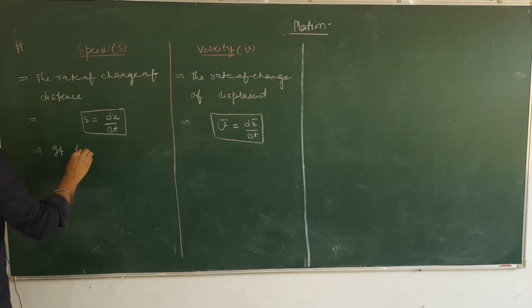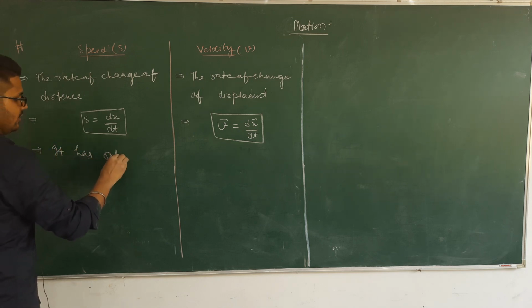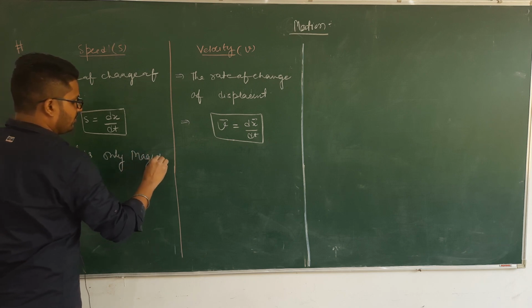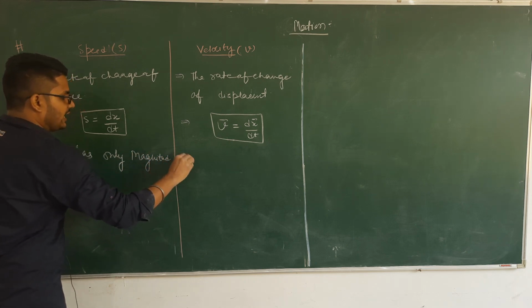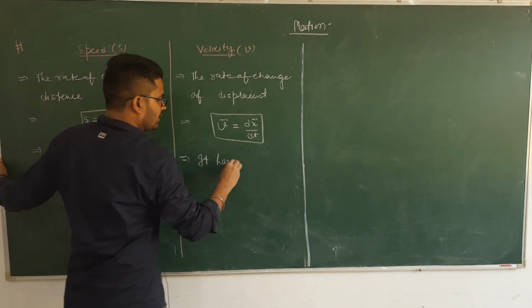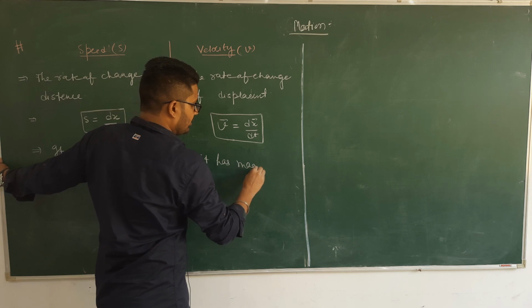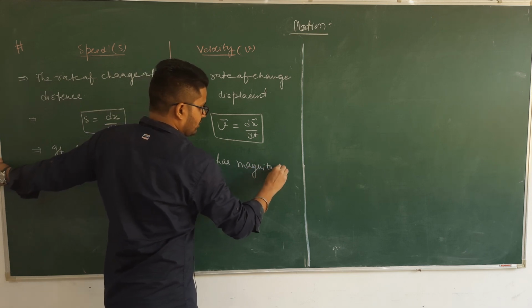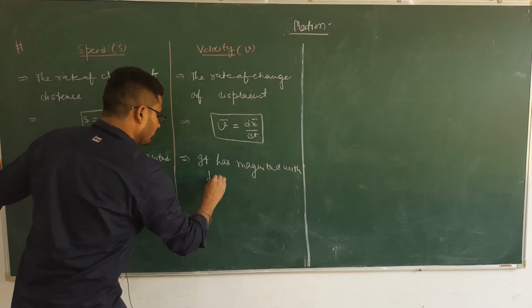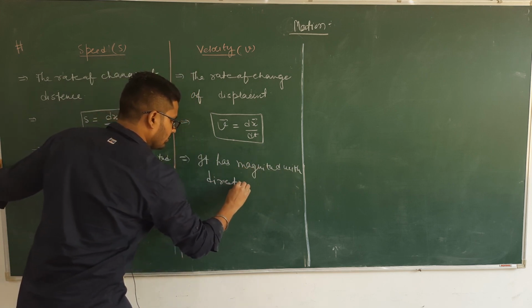Speed has only magnitude, and velocity has magnitude with direction.